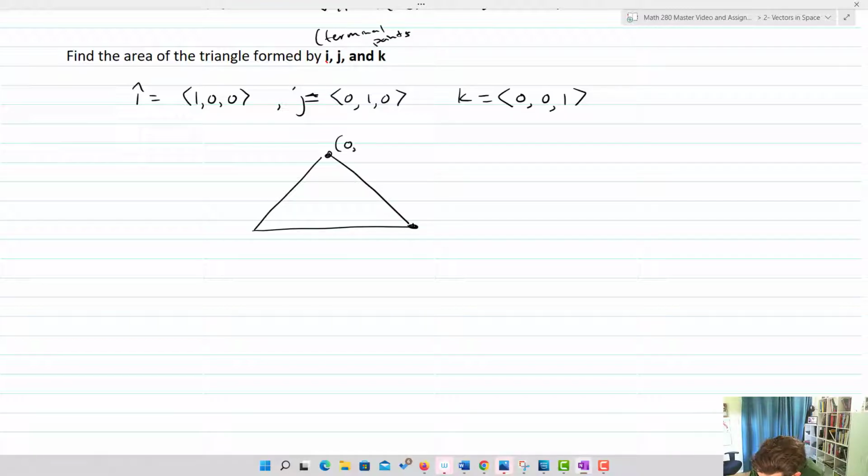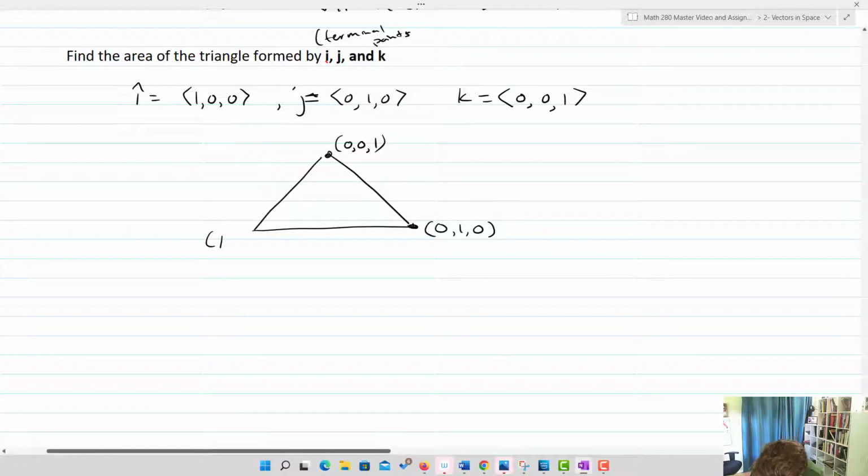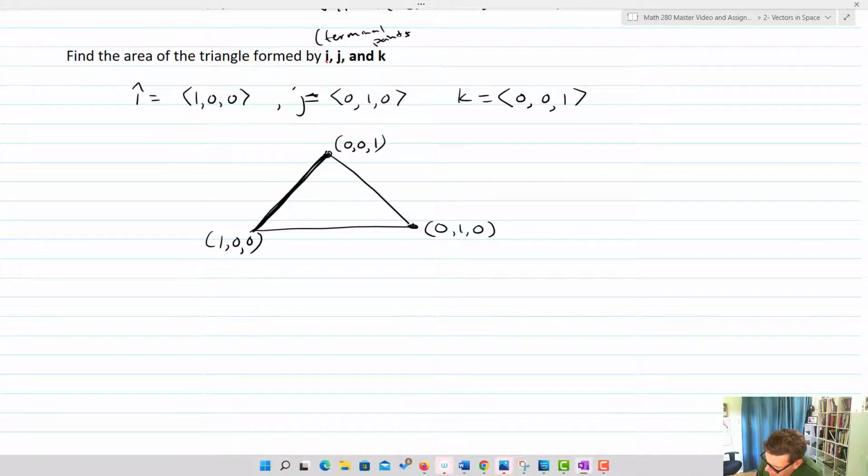We've got 0, 0, 1 here, 0, 1, 0 here, and 1, 0, 0 here, and those are those points. And we want to imagine this vector here and this vector here.